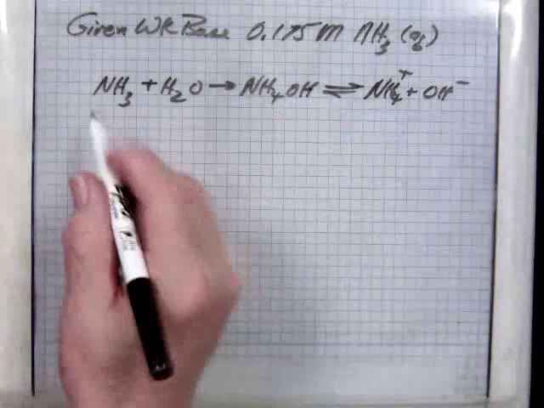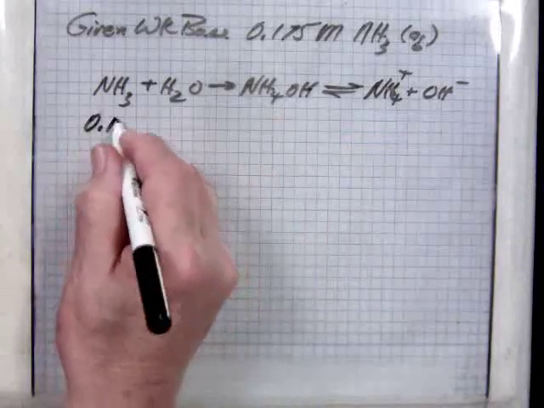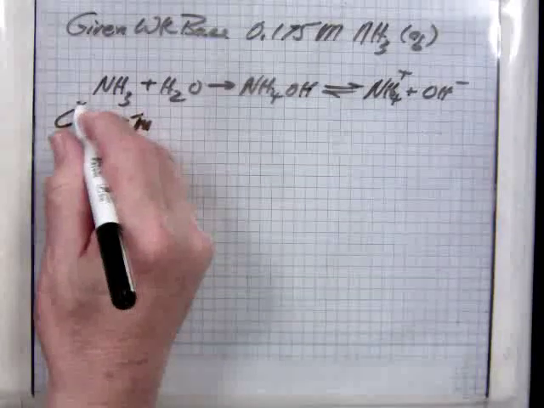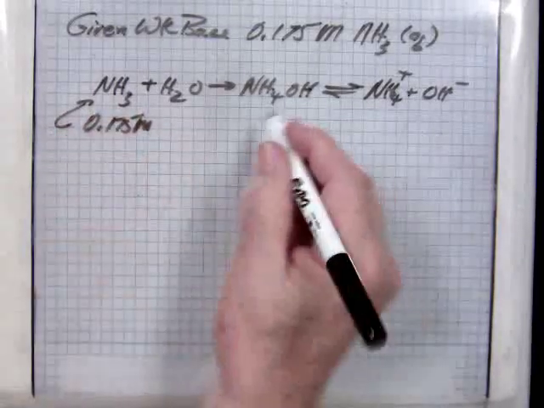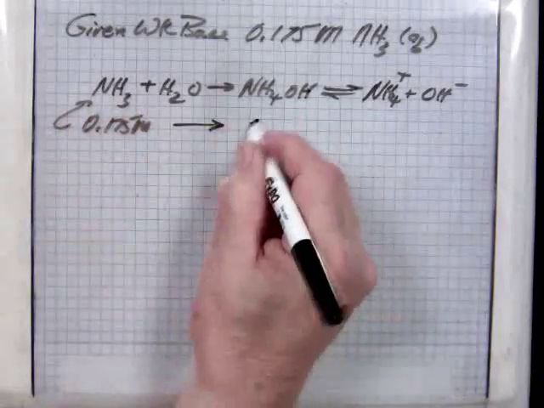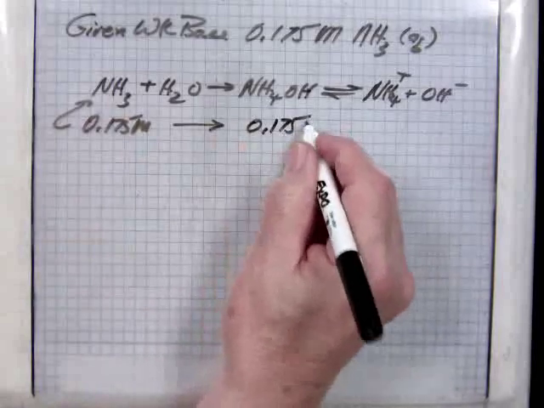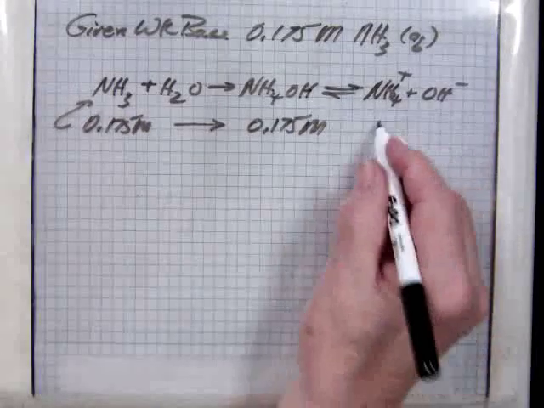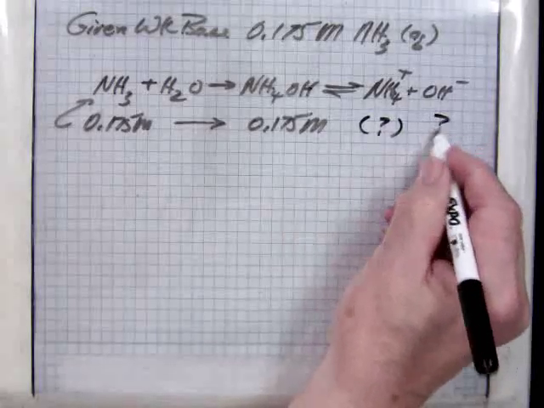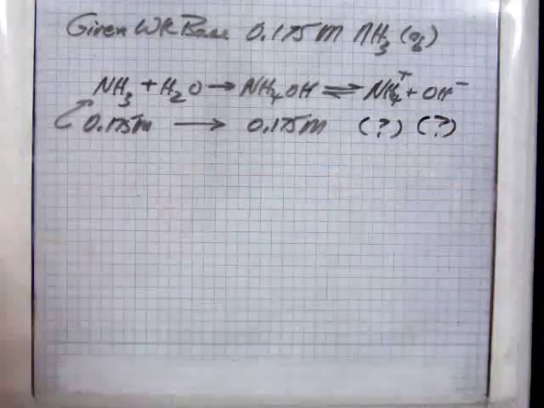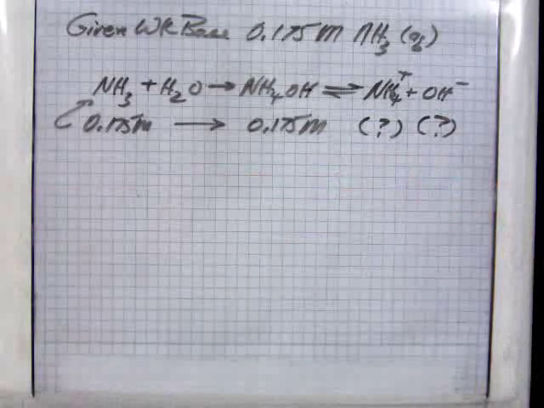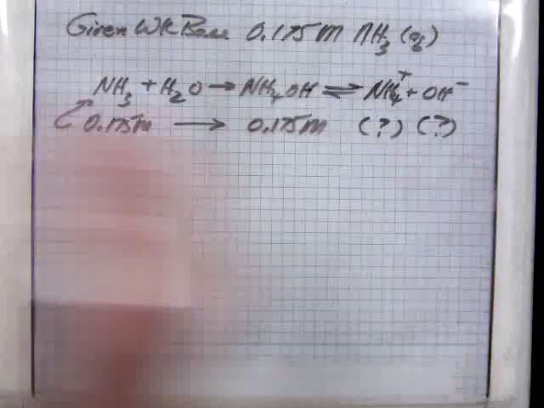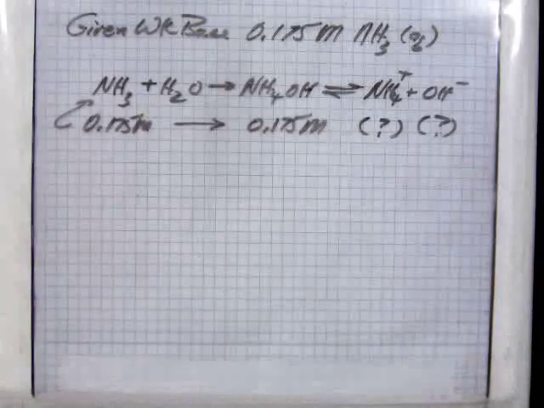But while this is 0.175 molar in the ammonia, it is also 0.175 molar in the hydronium ion. But you cannot say the hydroxide or the ammonium ion is 0.175 molar, because it's a weak electrolyte and does not ionize 100%.